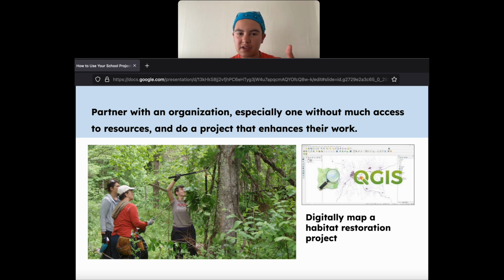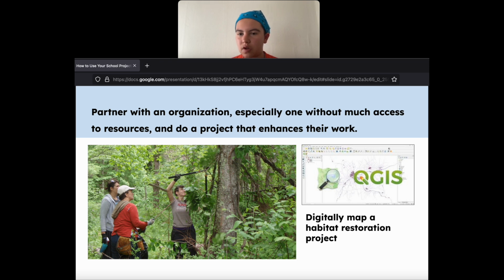For example, right here, we have a picture of some people taking out invasive species from a forest. But they might not know, oh, last year did we take out more invasive species than this year? Or where is the place where we took out the most of them and where that was most helpful?